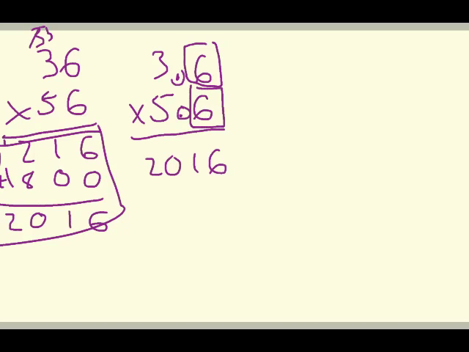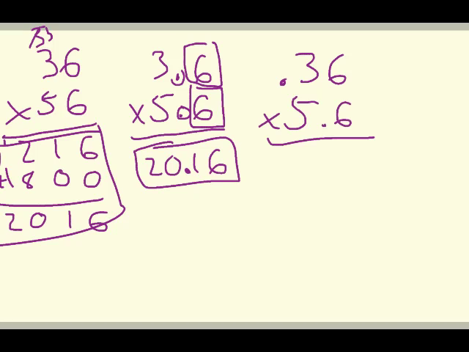So down in my final answer, I need two numbers after my decimal point, and the 1 and the 6 are both after, right? If I did 0.36 and 5.6, all the math would look the same, but now I have two numbers in this one and one number in this one, which means I need three numbers after the decimal point.